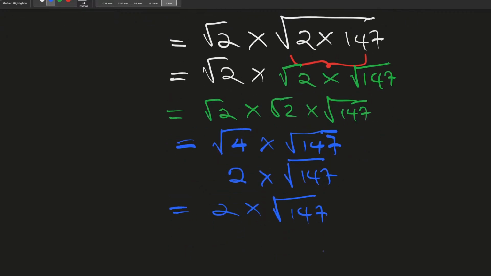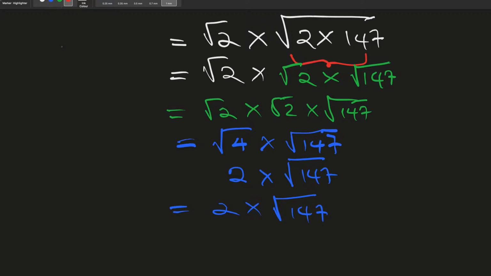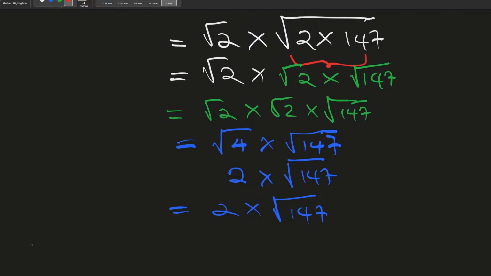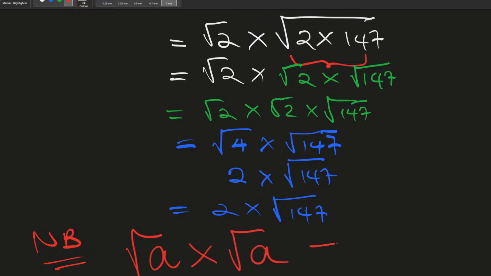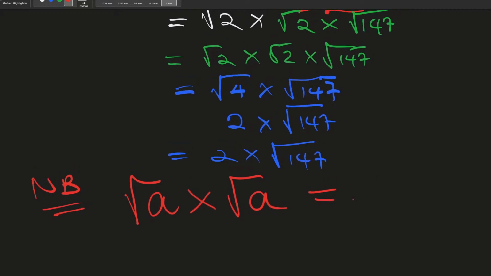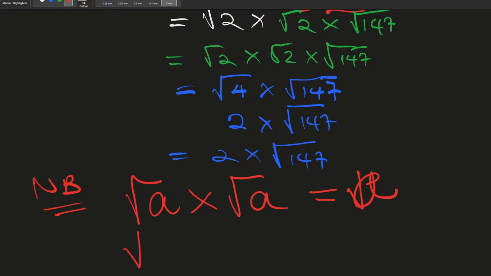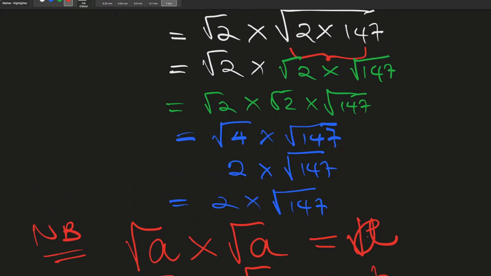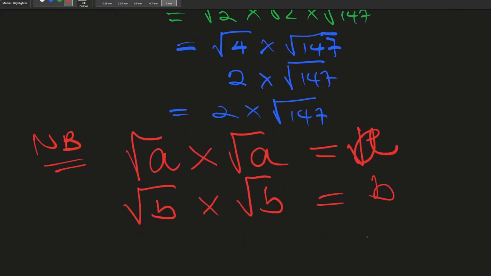We're about to wrap up. And in wrapping up, I want to show you something beautiful that you shouldn't forget. Please remember, if I have surd of A multiplying surd of A, my answer is A. If I have surd of B multiplying by surd of B, my answer is B. Why?